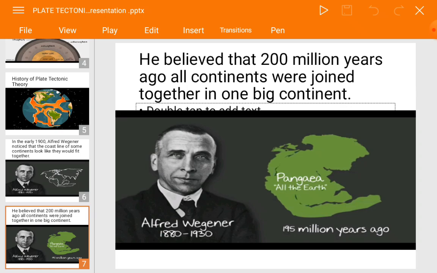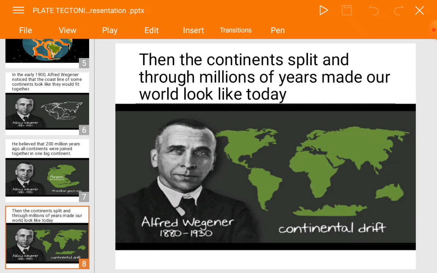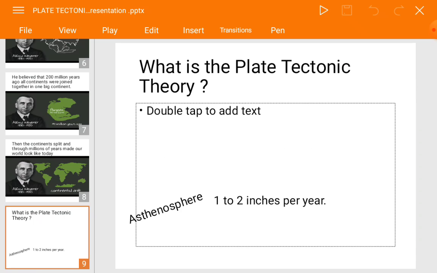This big continent was called Pangaea. All the continents were joined together. Then the continents split, and through millions of years made our world look like today. And this continental splitting happens due to plate tectonics.